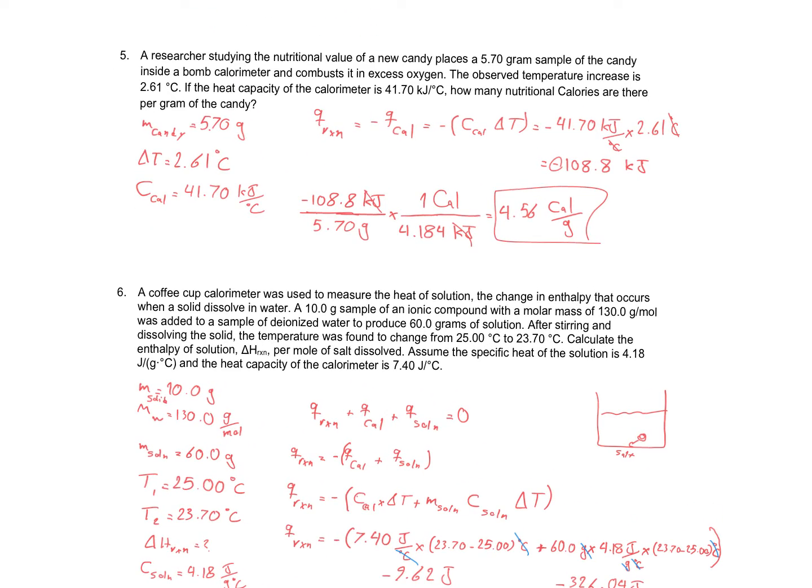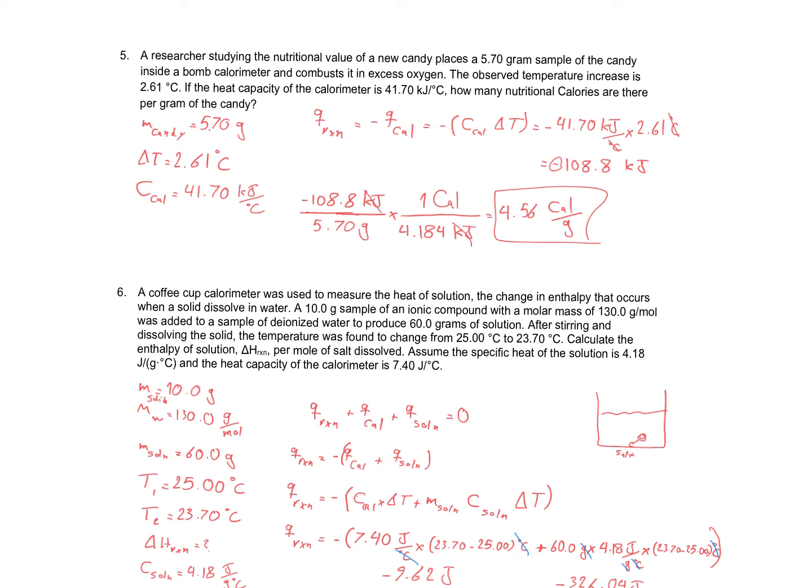So question 5: a researcher studying the nutritional value of a new candy places a 5.7 gram sample of the candy. Okay, so you write down the mass. The mass is 5.7, inside a bomb calorimeter and combusted in excess oxygen.